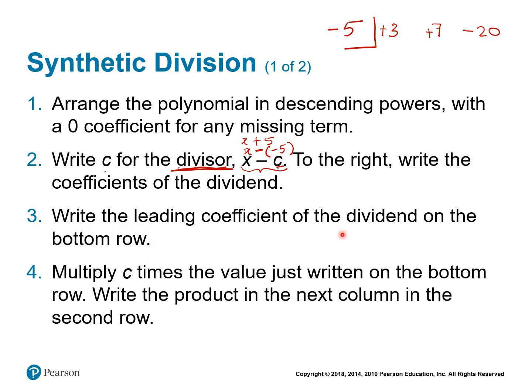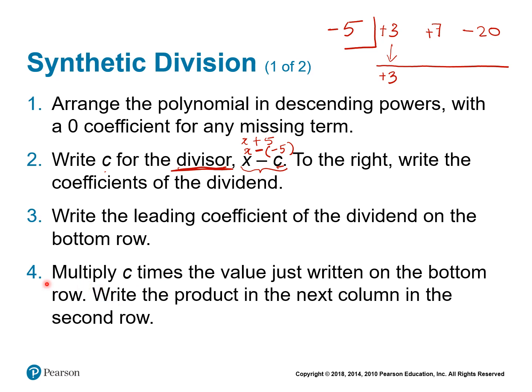The leading coefficient was 3, and I had asked you to draw a line leaving some space between the numbers above, and what we did was we just put the leading coefficient plus 3 below the line. That's what they are saying we have to do in step 3.